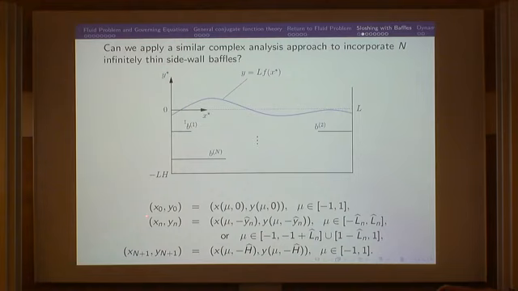I'm going to let xn and yn, with n going from 1 up to capital N, be x and y evaluated on each of these baffles. So this is baffle 1, so this would be x1, y1, baffle 2, x2, y2, dot, dot, dot. This would be xn, yn. And these will either be between minus some ln hat to ln if they're on this side.